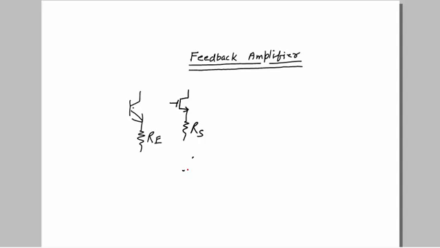So negative feedback has n number of benefits, but it has only one drawback, that is, the gain will be reduced. This reduced gain can be seen as a cost we are paying to get all the benefits. The first topic we will study is the general feedback structure.